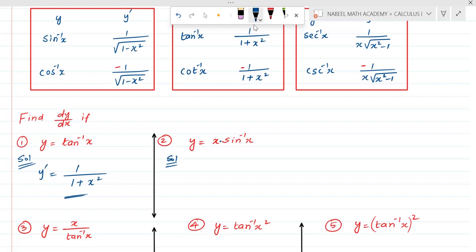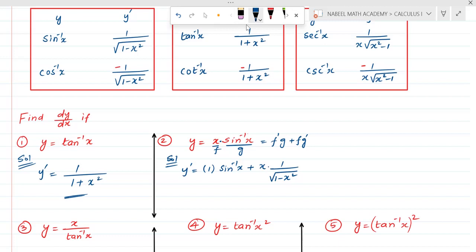The next one is a product, because it's a product of two functions, f and g. So you get f prime g plus f g prime. Then y prime is: differentiation of x is 1, with sine inverse fixed, plus x fixed, times the differentiation of sine inverse, which is 1 over square root of 1 minus x square.